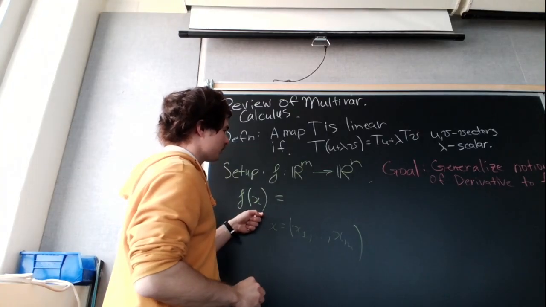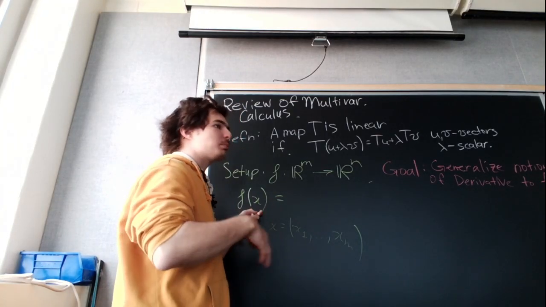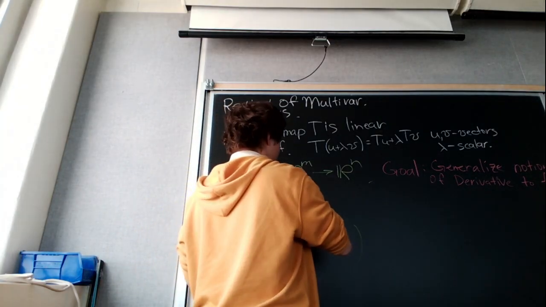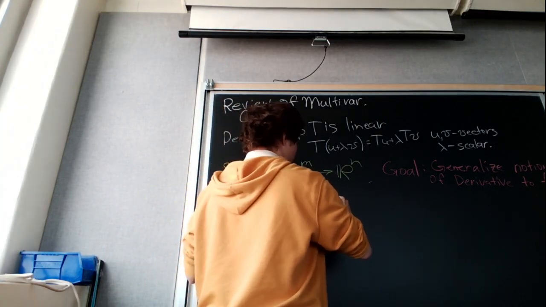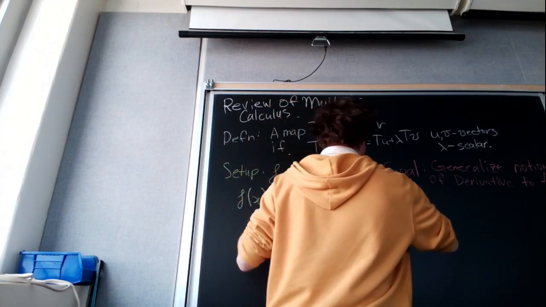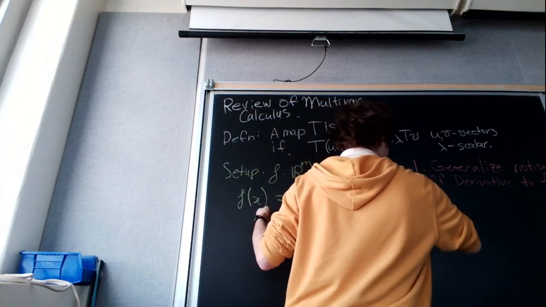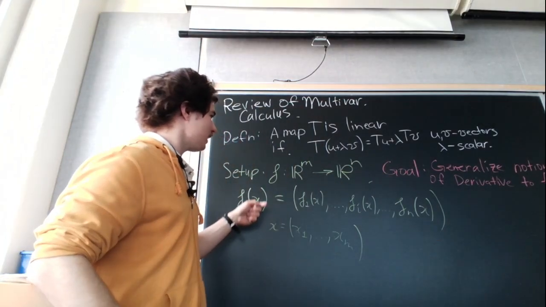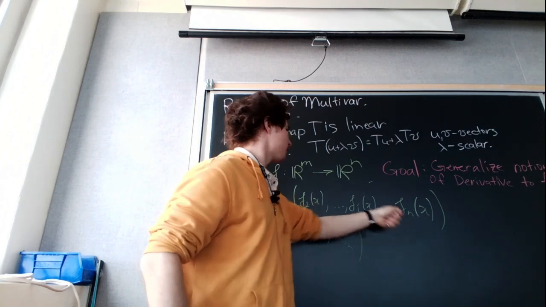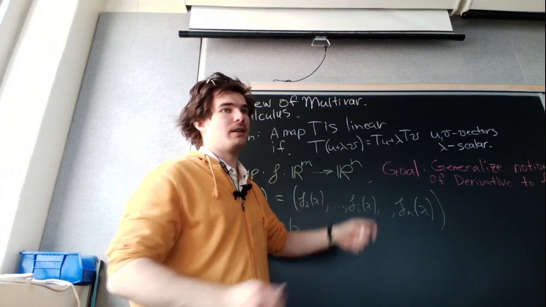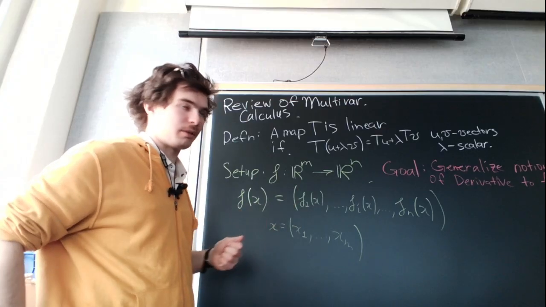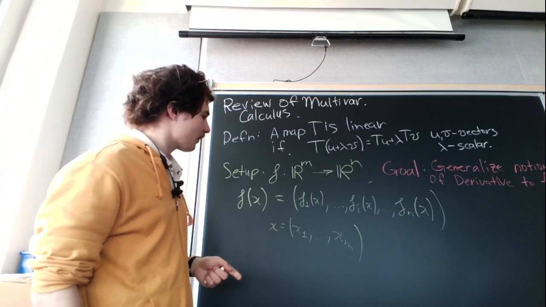And then f of x, the output, has how many components? n. So I should have f1 of x, up to fi of x, up to fn of x. So really a function from Rm to Rn, you can think of as n functions from Rm to R. That's another way to think about it. People agree with this?